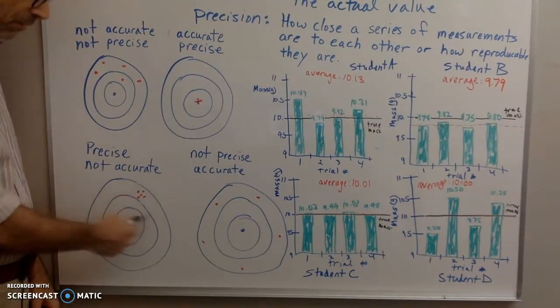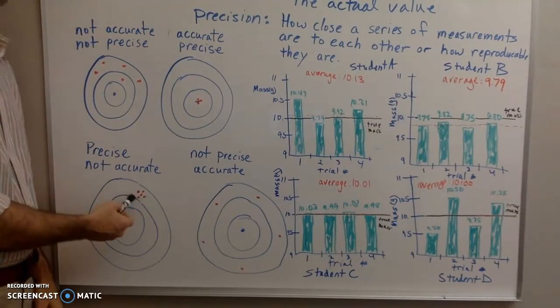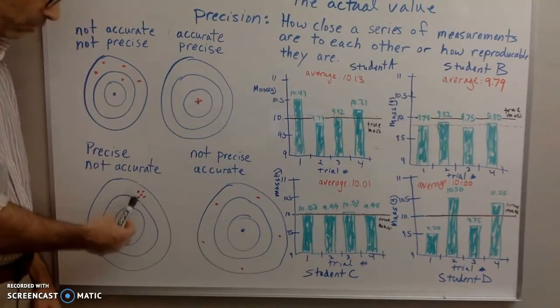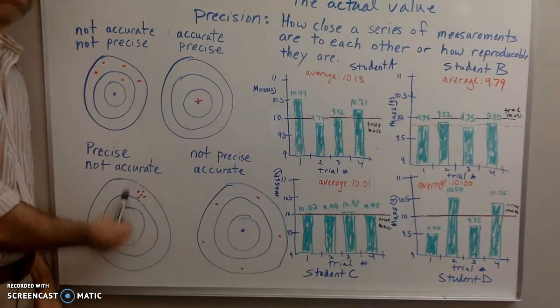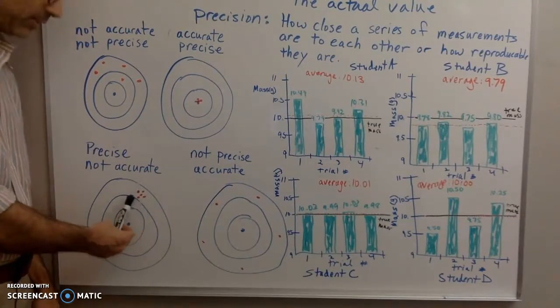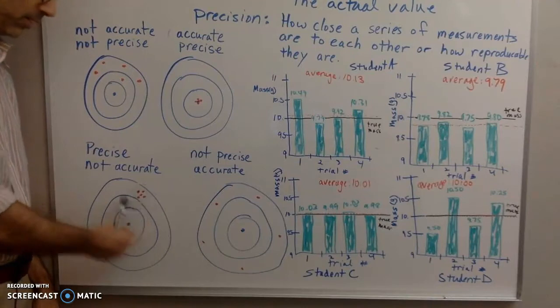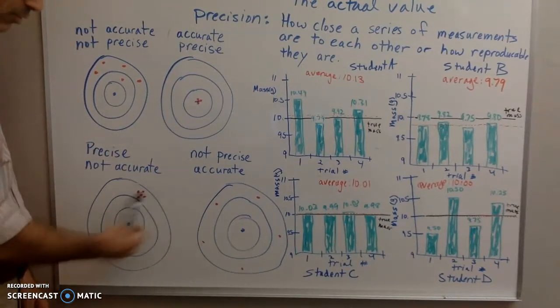So here, if I have a tight cluster here, then that means that the instrument that I am shooting with, maybe it's a gun, maybe it's a bow and arrow, but whatever it is, there's something wrong with my device. I need to fix it. If it's a gun, I've got my front sight on the gun. I need to fix that because I'm shooting consistently high and to the right.